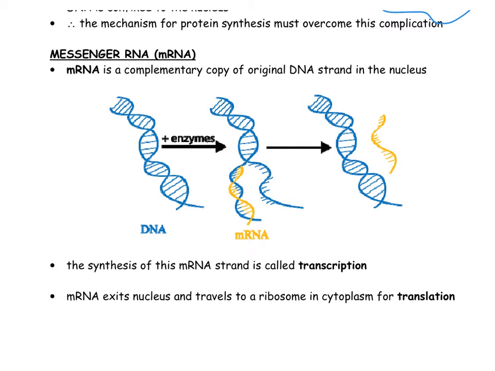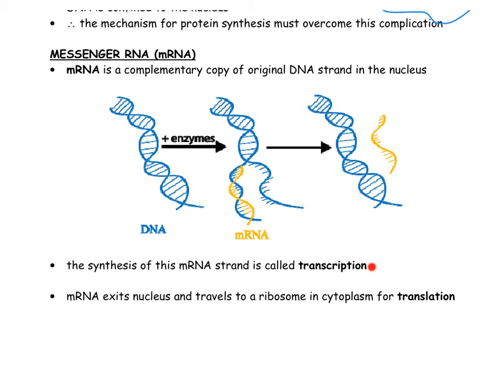And that process of copying DNA is called transcription because, well, what do you do when you transcribe information? You're basically copying information. So phase 1 of protein synthesis involves mRNA making a copy of the gene, a copy of DNA but in mRNA form, and then leaving to go to the ribosome.